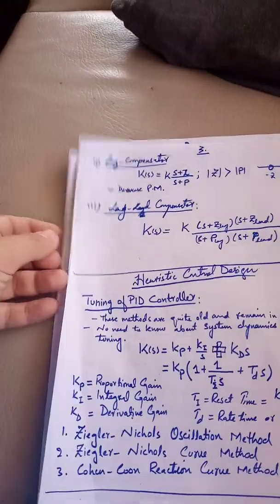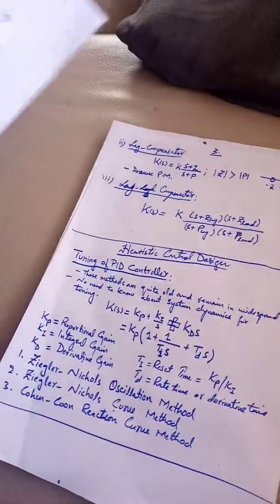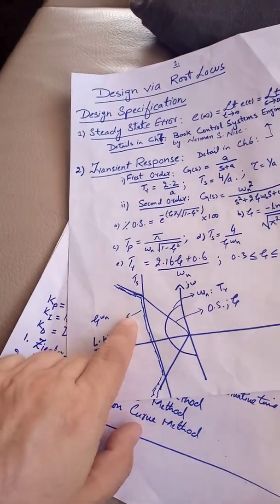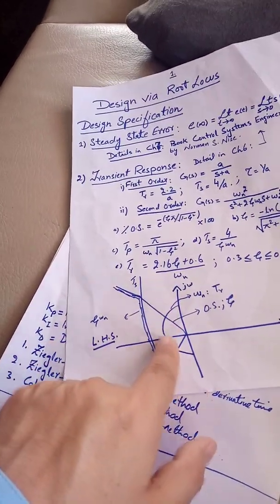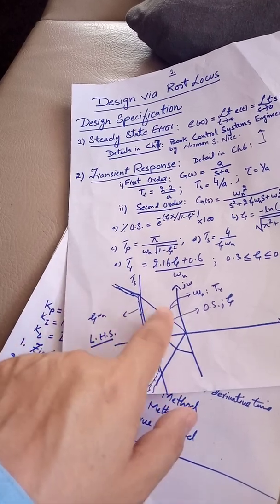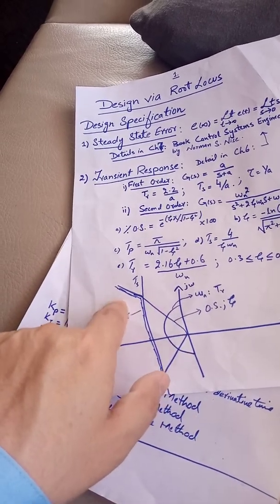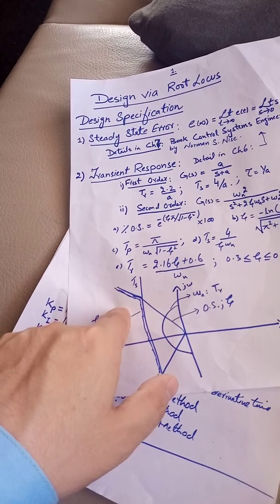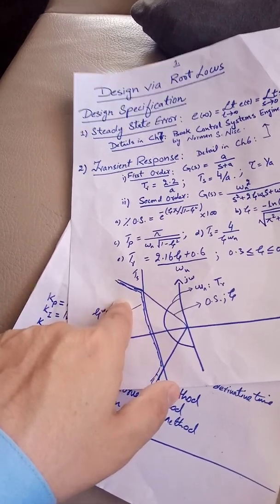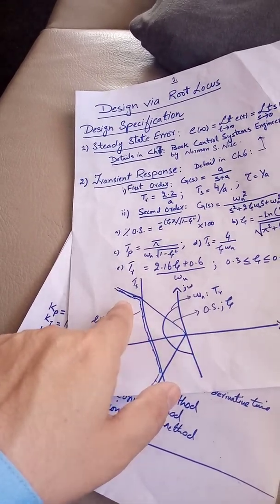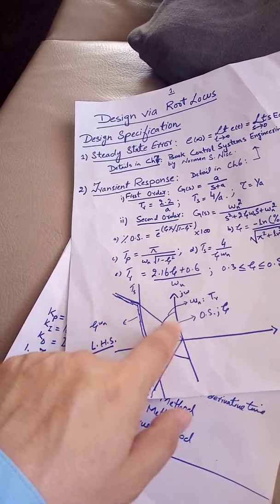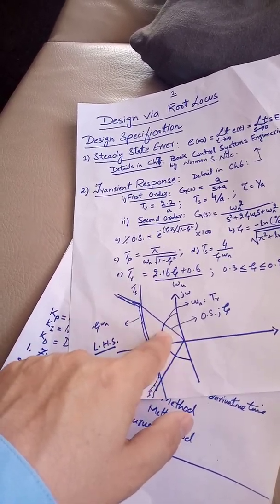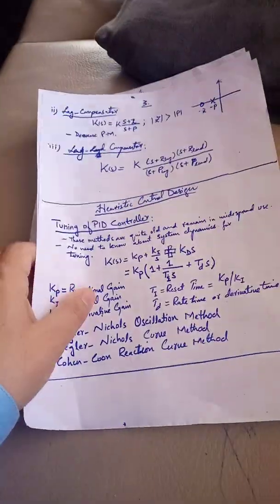Because if you remember, I told you that we have specifications and we want to reach some part of the root locus. If the root locus is lying here, we are unable to reach there. So we have to calculate whether we need to add some angle to reach here, or reduce some angle to reach here. So we will use either a lead compensator or a lag compensator.